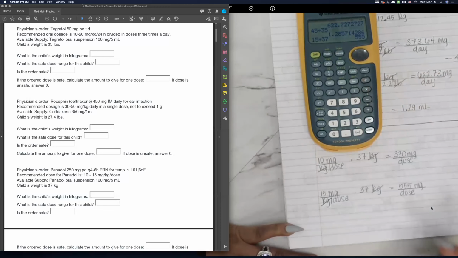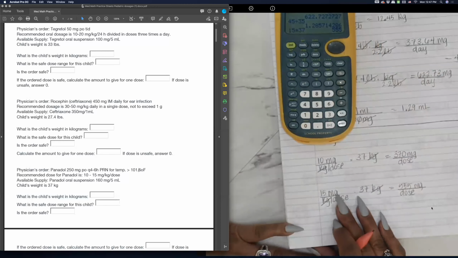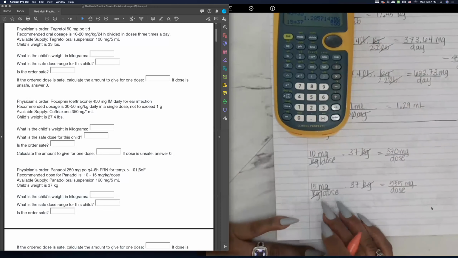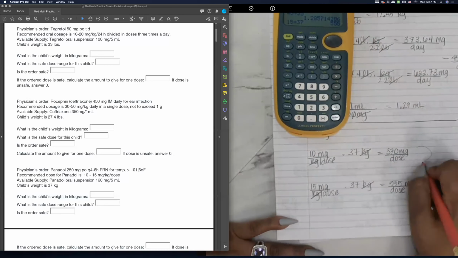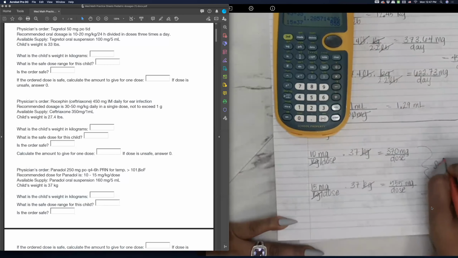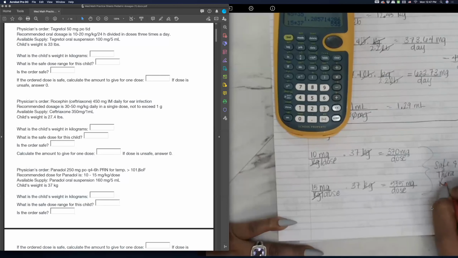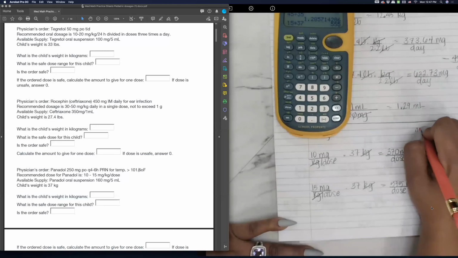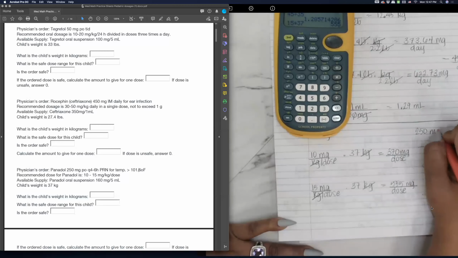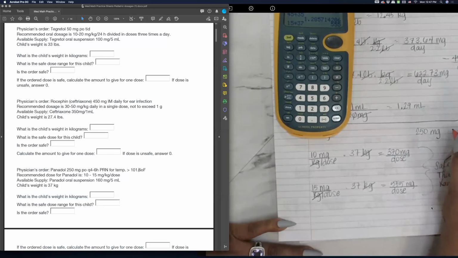Okay, and then the doctor's order is 250. So this is our safe and therapeutic range. The doctor's order is 250 milligrams PO Q 4 to 6 hours.